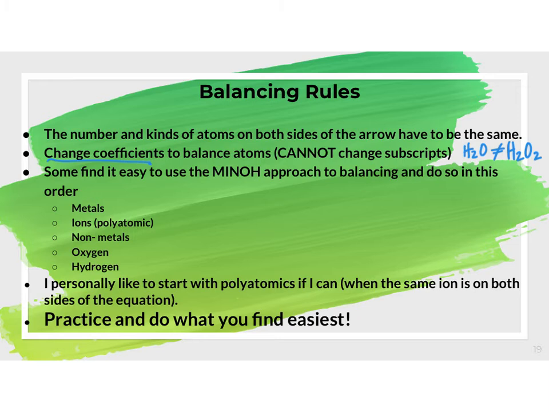Some find it easy to use the minnow approach to balancing and do so in this order. So this is one way that people have found it to be a little bit easier to balance equations. Basically, you're going to start with the metals and then move on to polyatomic ions, then balance out your nonmetals, then oxygen, and last hydrogen.